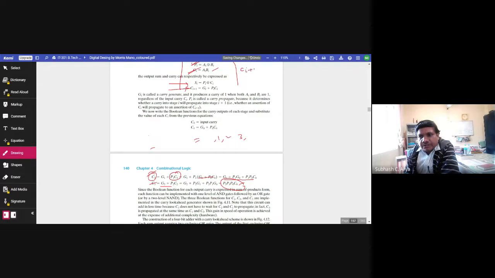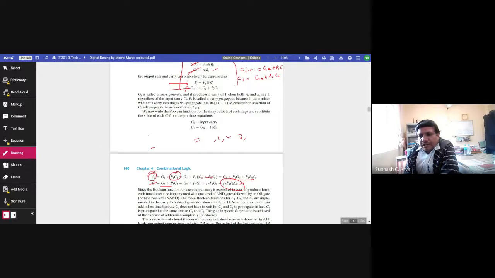Ci plus 1 is equal to Gi plus Pi Ci. So if i is equal to 0, then C1 will be G0 plus P0 C0. Is it okay?